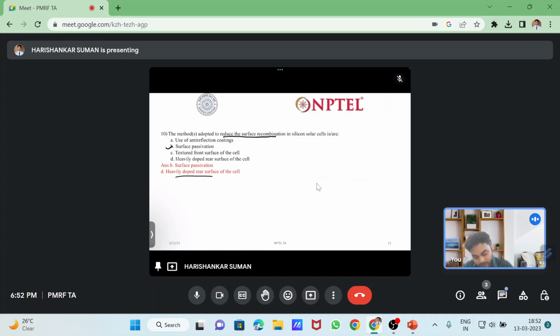Rear surface means the bottom surface, P plus. The front side surface is the top surface. Then there are some layers.